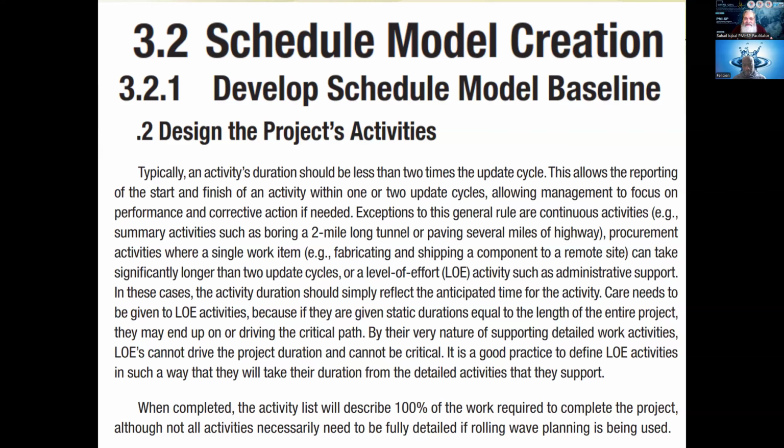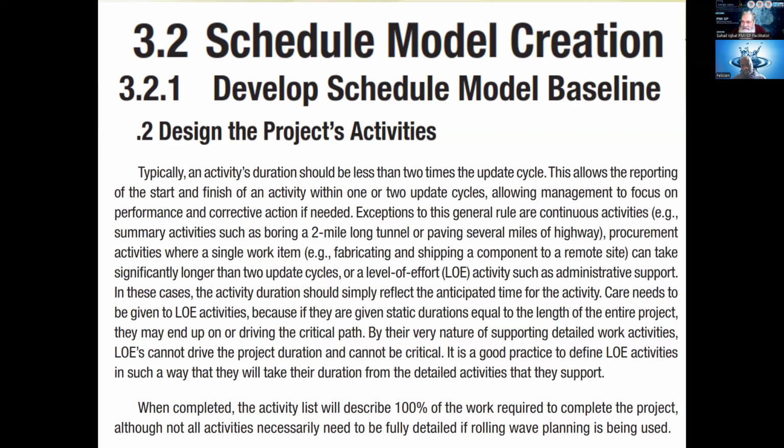Anyways, the current mechanism which I gave you allows the reporting of the start and finish of an activity within 1 or 2 update cycles. Meaning, either everything should be reported in 1 week or at most in 2 weeks. Means there could be a 7 days activity or 8 days activity, but then it would be reported in the next update cycle. So this is comfortable.